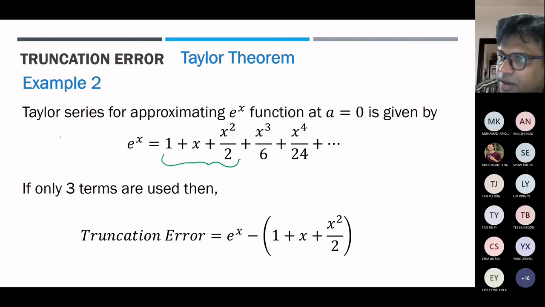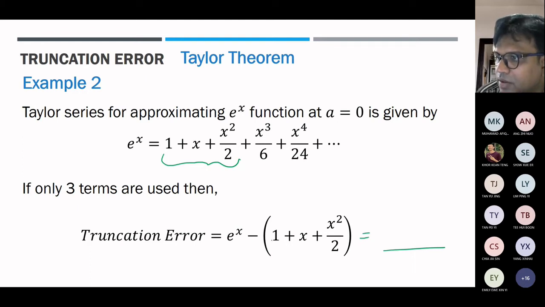In order to determine the truncation error, you can easily find the difference by subtracting the accumulation of the first 3 terms from the exact solution. Take the exact value of the function and subtract the first 3 terms of this.